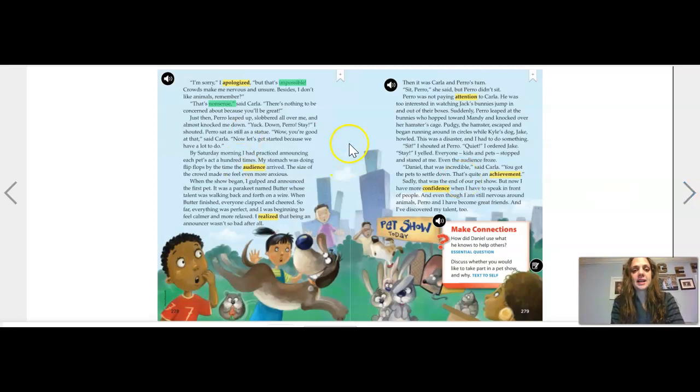Here is another word highlighted in green. I see the root word and I see the prefix. What's the root word that you notice in this green highlighted word, impossible? Let's check your thinking. Possible, that is a word that can stand on its own and still have meaning. It means that something could happen.